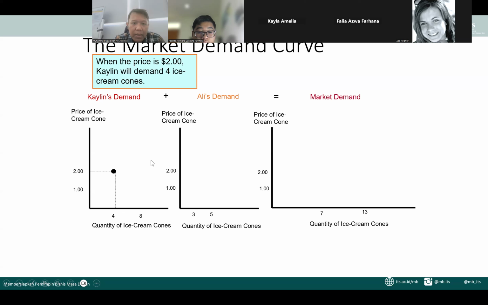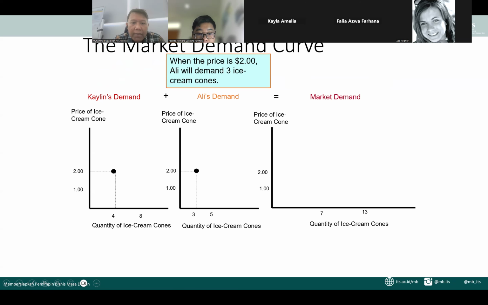And then in the middle, we have Ali's demand. We have a second person named Ali. If we look at the price here, when the price of ice cream is $2, the quantity demanded of Ali will be 3. So Ali has a lower ability and a lower willingness than Kaylin.